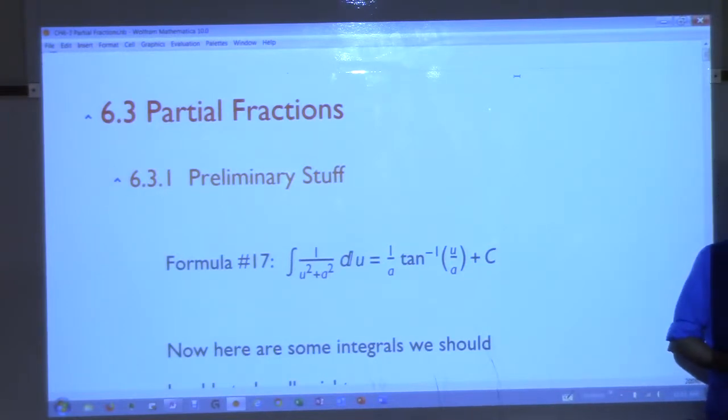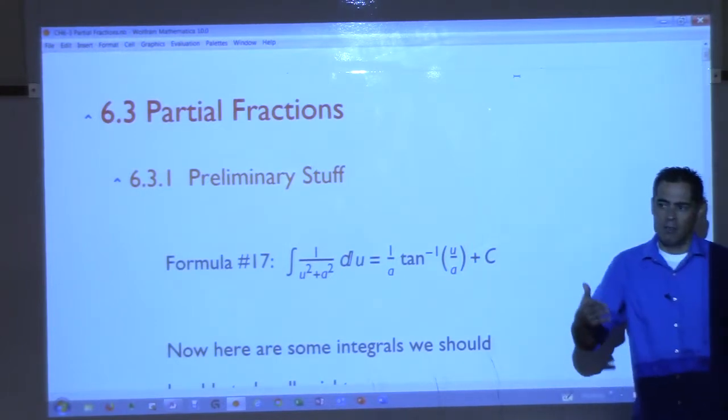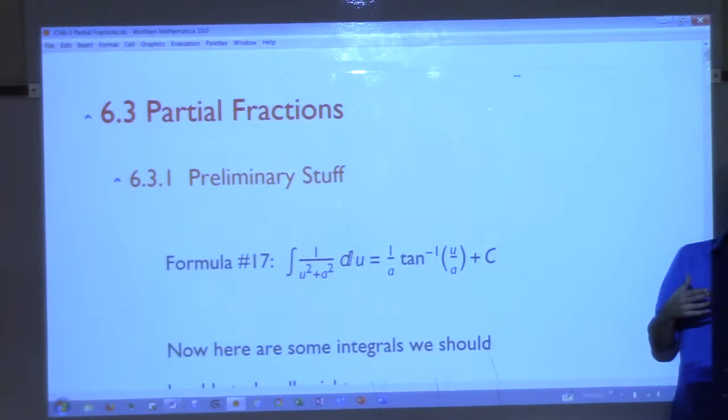So everything will be on the table in terms of what you can use. If you've done your homework, you've kind of seen some integrals. If you use the right method, it can go a little shorter than if you try something else. You might get the same answer, but it might take you longer.